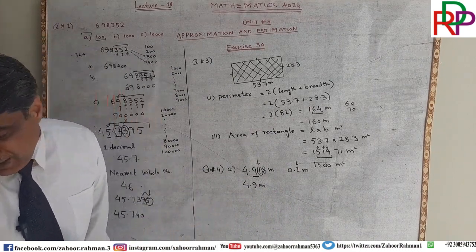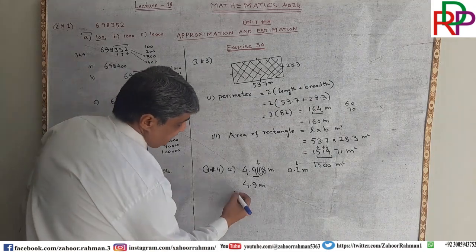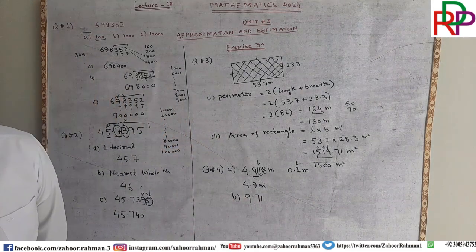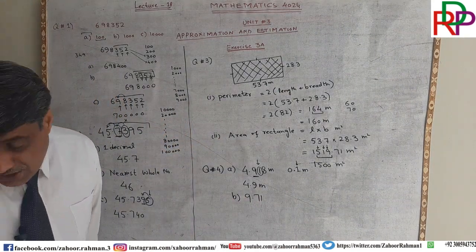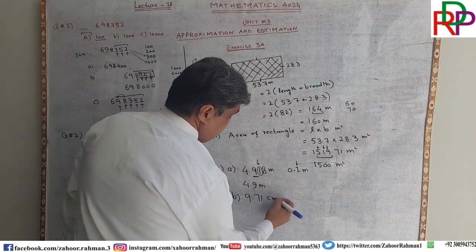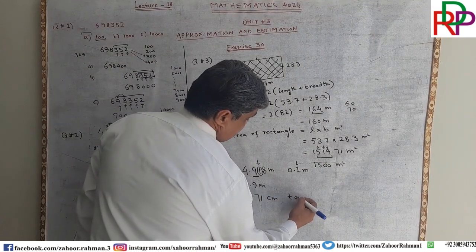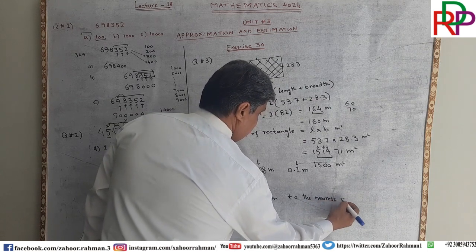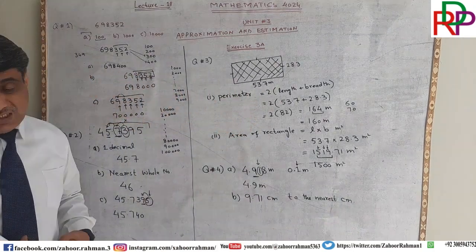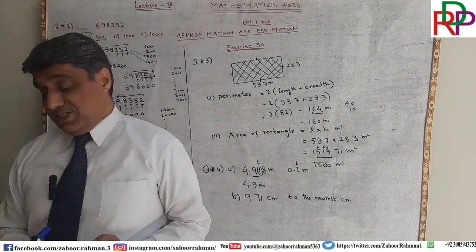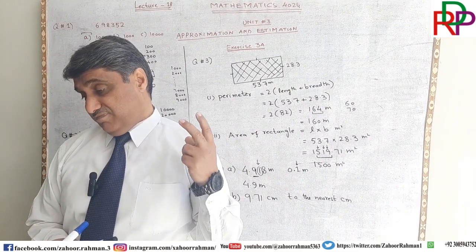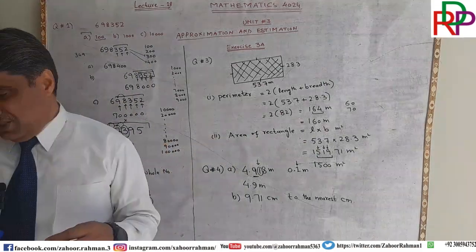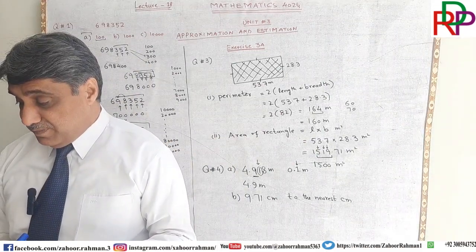Now the B part is saying 9.71 centimeter to the nearest centimeter. Centimeter means 2 zeros.